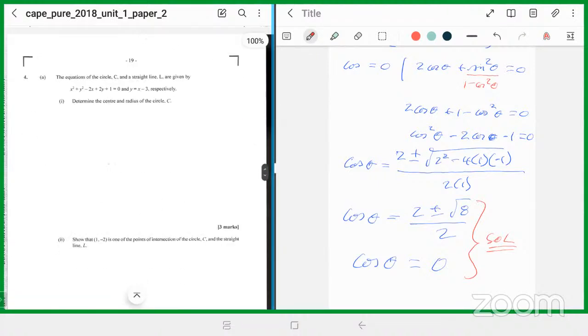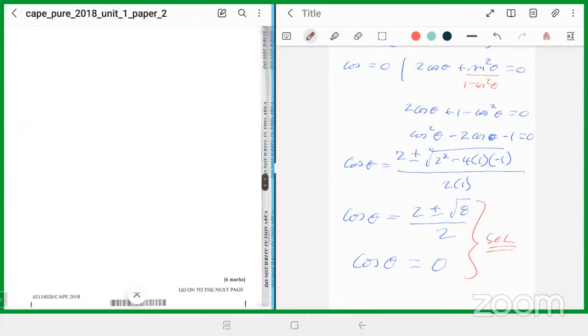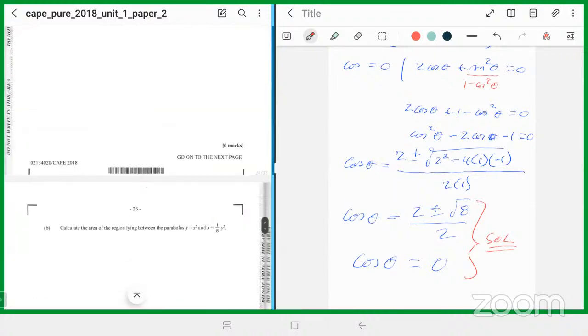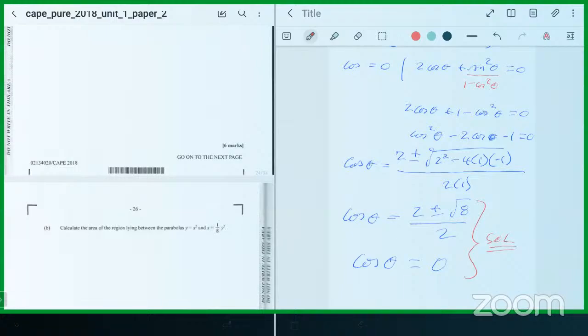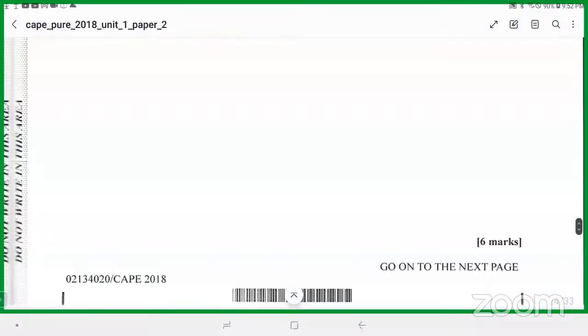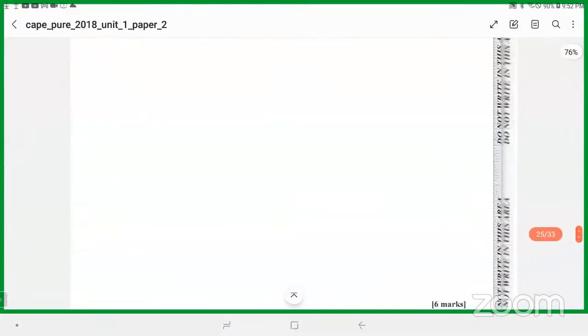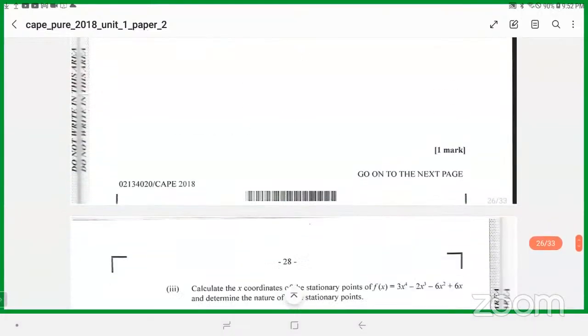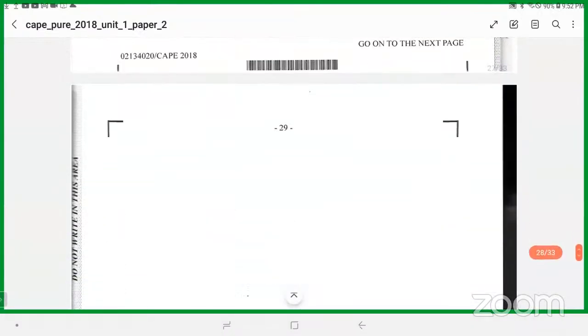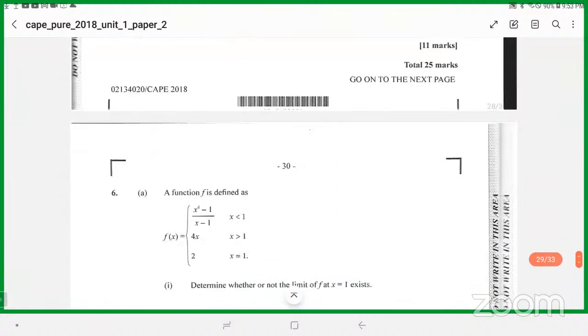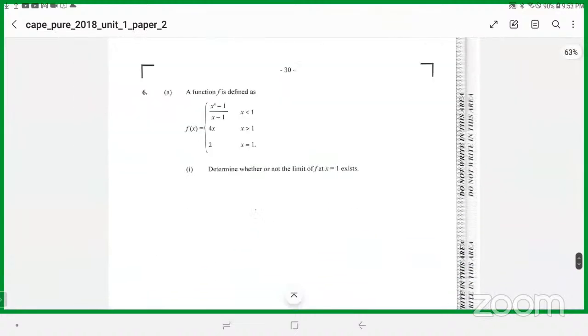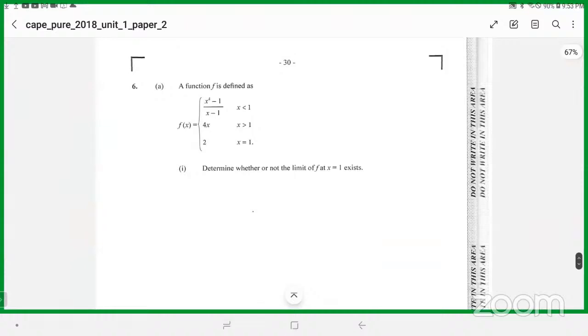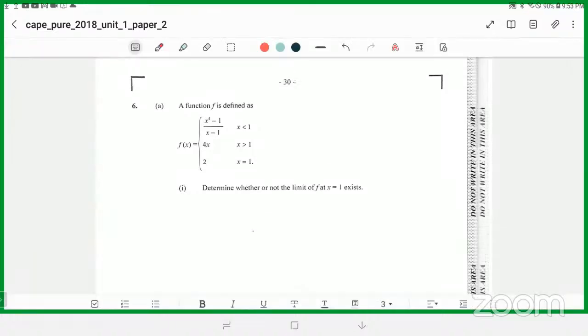The last question on this paper. Okay. 2018, number 6, the last one. This one? Yes, sir. Do the question the other day.